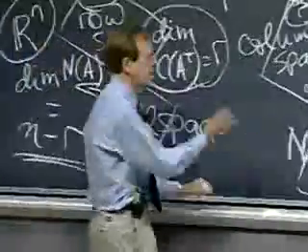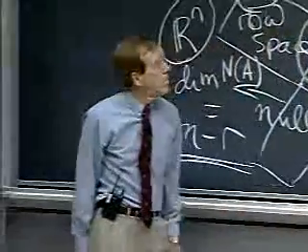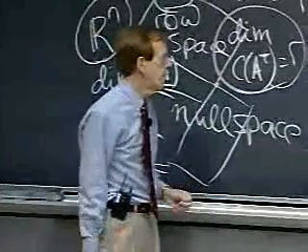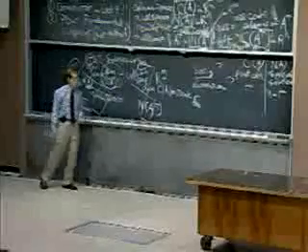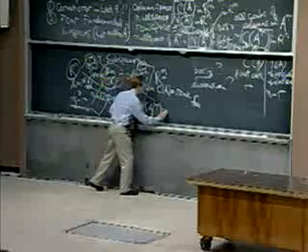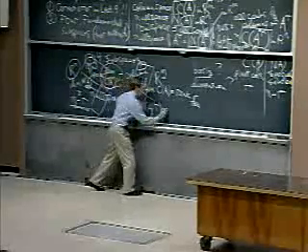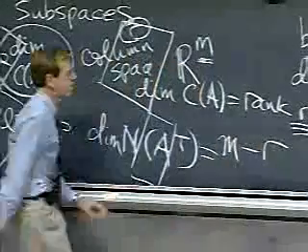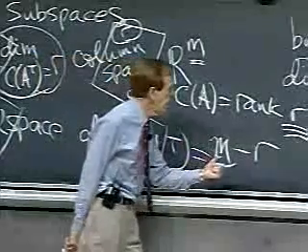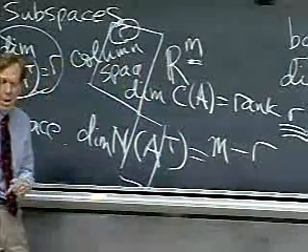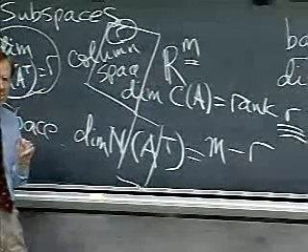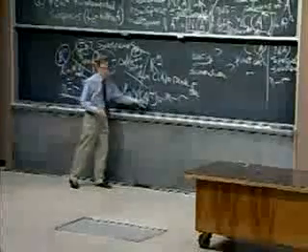Now what's the dimension of this poor misbegotten fourth subspace? It's got to be m minus r. The dimension of this left null space, left out practically, is m minus r. That's really just saying that, again, the sum of that plus that is m. And m is correct. It's the number of columns in A transpose.